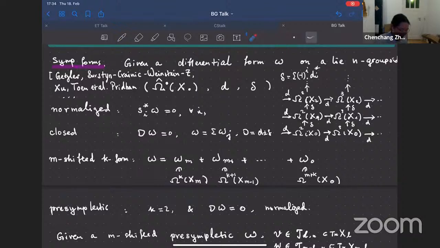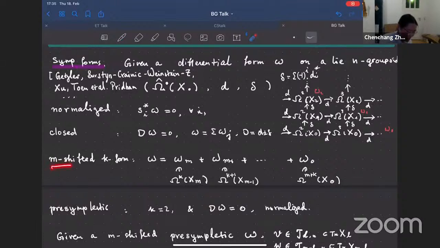And then we can talk about what are m-shifted k-forms. This omega as a differential form usually has many components, right? So for example, this omega can have a component omega 2, and you also have omega 1, and you also have certain omega 0. So usually, to have a total degree, you can have many components.